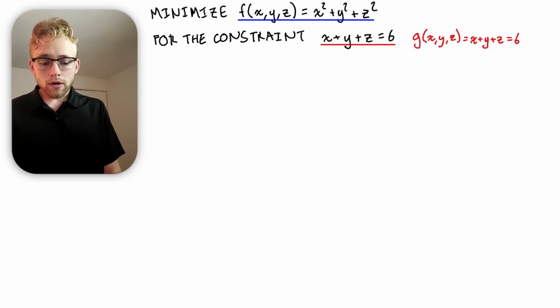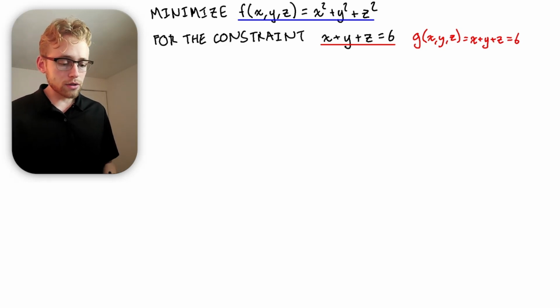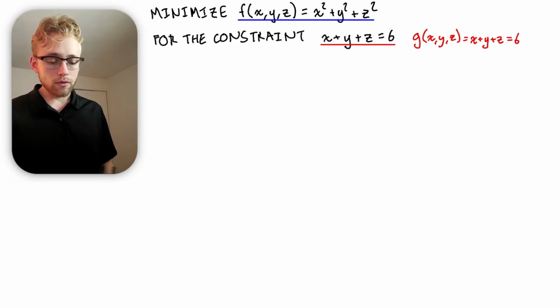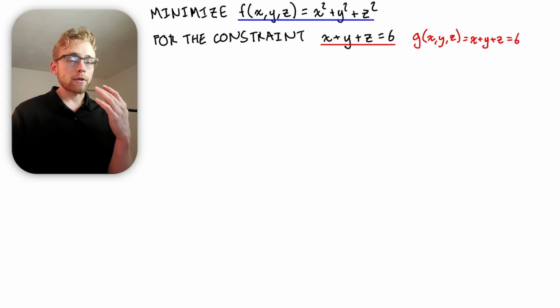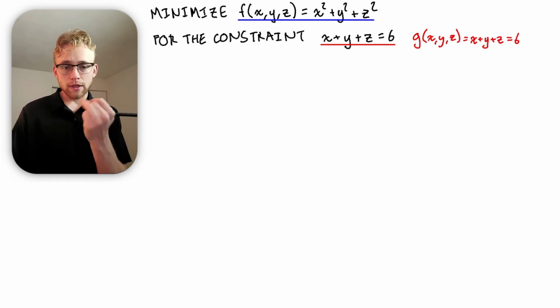Now let's do our Lagrange function. For this, remember that each gradient function in the Lagrange function is going to come out with 3 components: an x component, a y component, and a z component, right?